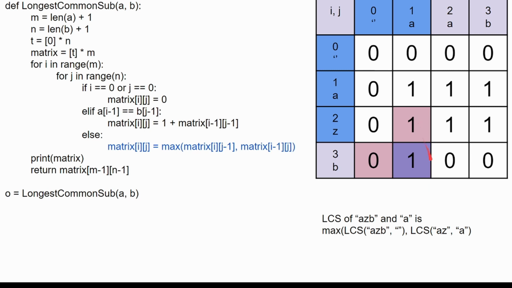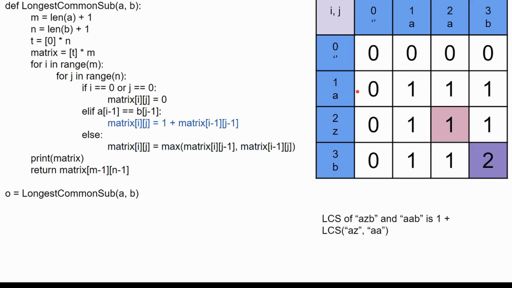So the max of that is 1. Now we have AZB and AA. The longest common subsequence of AZB and A is 1, and the longest common subsequence of AZ and AA is also 1, and the max of 1 and 1 is 1.